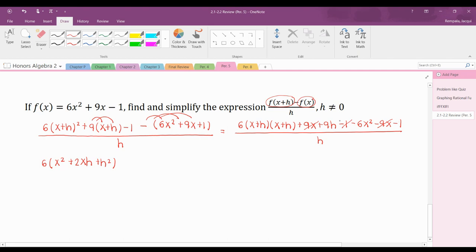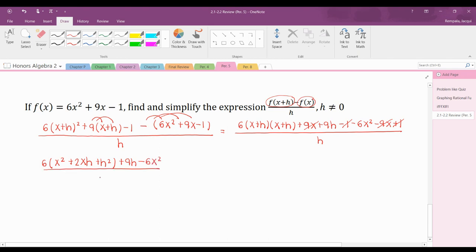No, here, that was a mistake. This should be -1. So when I distribute, this should be a +1. So then those cancel. All right, so then I still have a 9h, and I still have a negative 6x squared.